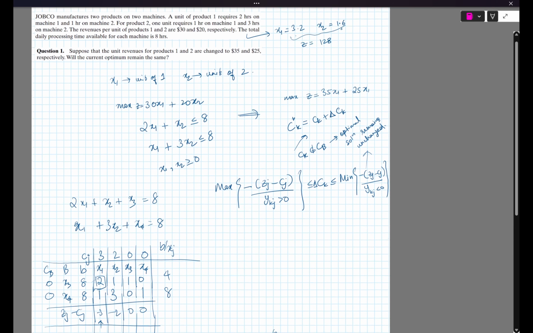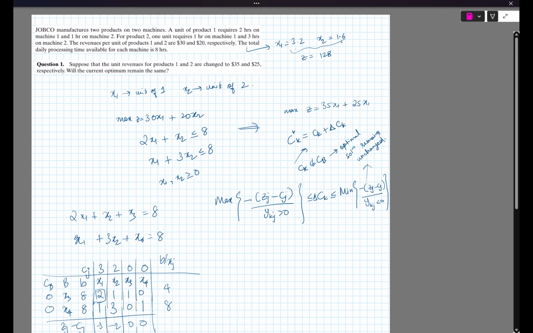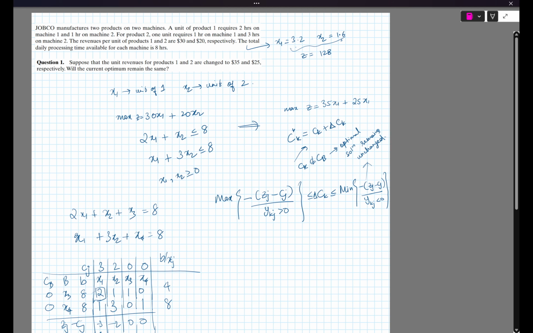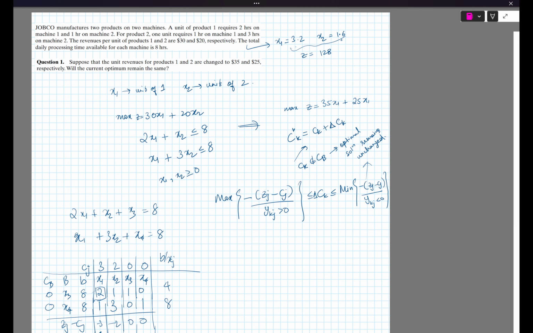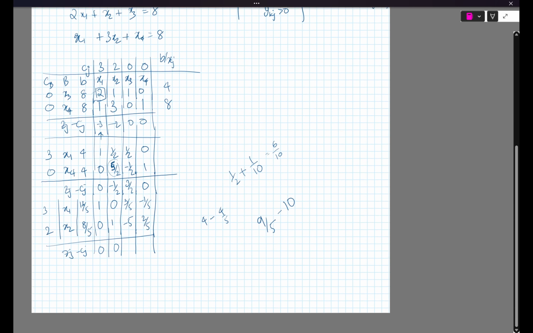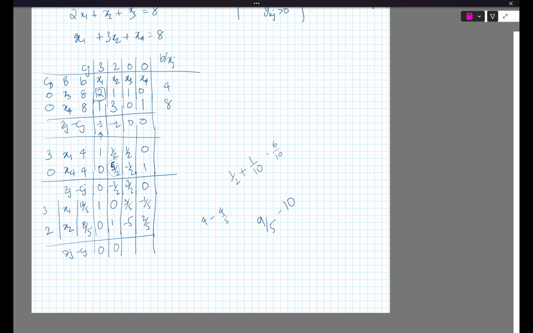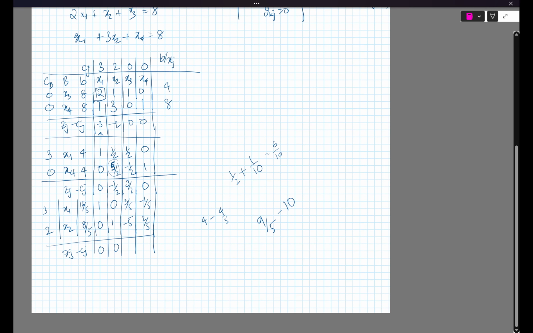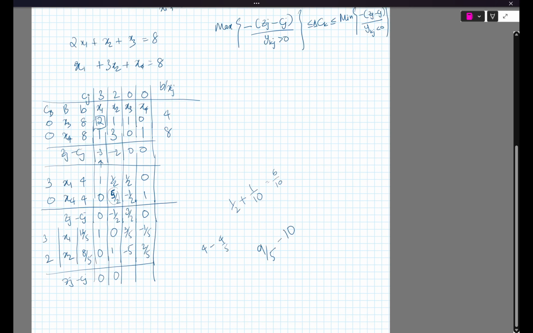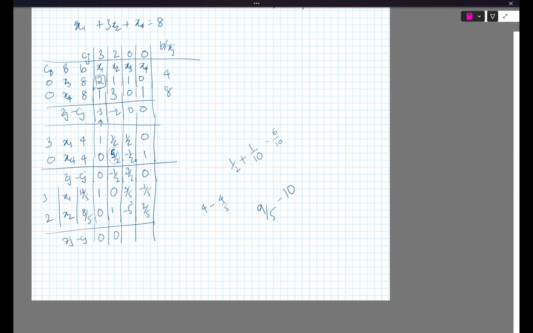That shouldn't happen. 16 by 5 and 8 by 5 must be there for the solution. I think somewhere here I made a mistake.